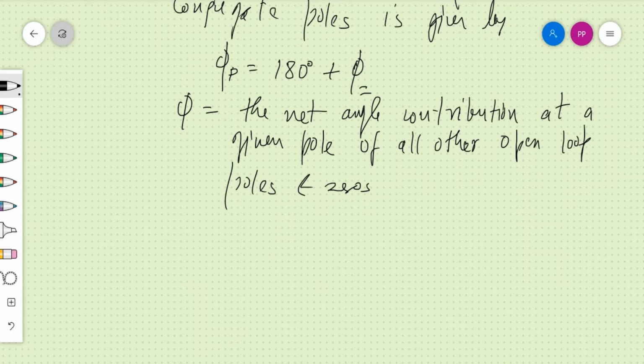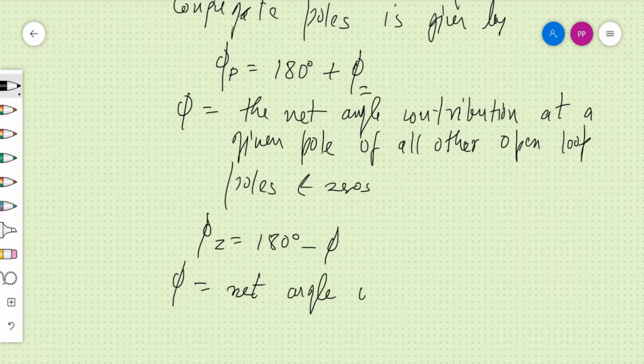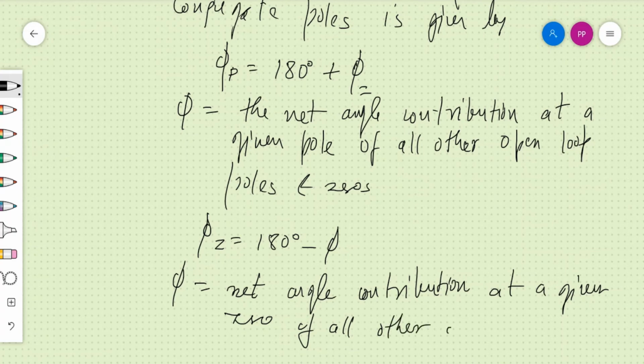Similarly we can define phi z equals 180 degree minus phi, where phi equals the net angle contribution at a given zero of all other open loop poles and zeros.